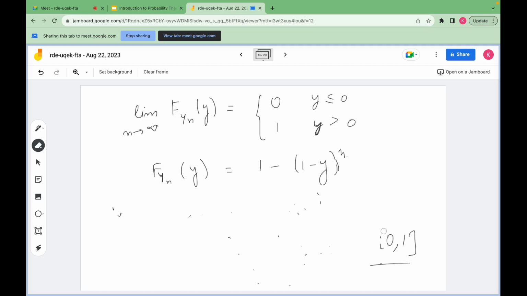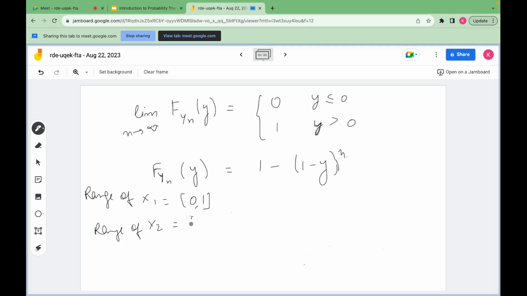So I will write it here. Range of x1 is 0 to 1.